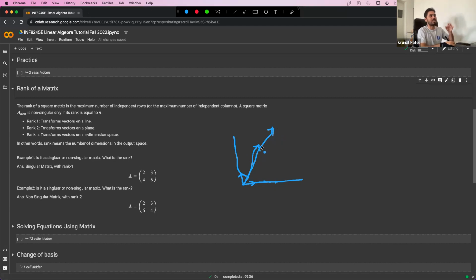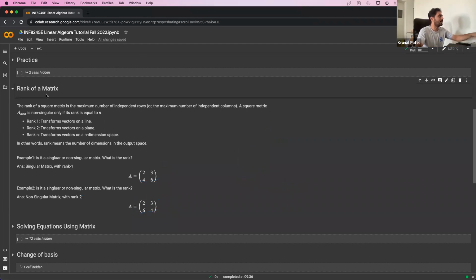So every vector will be squeezed onto this single line, and that's why this matrix has rank 1. This is a standard matrix which has rank 2 because everything will be landing on something else. But as I said, some matrices can even have rank 0, which is basically all zeros. Okay, so that was the rank of a matrix.